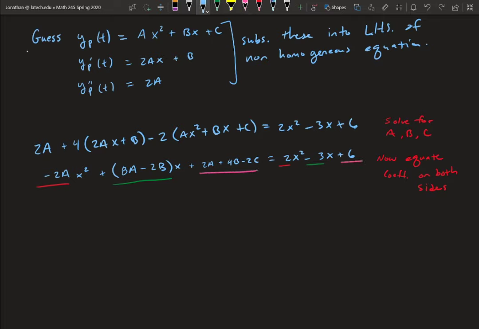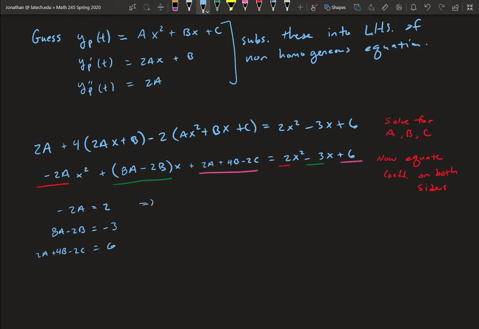So we get negative 2a is equal to 2. We get 8a minus 2b equals negative 3. And then 2a plus 4b minus 2c equals 6.